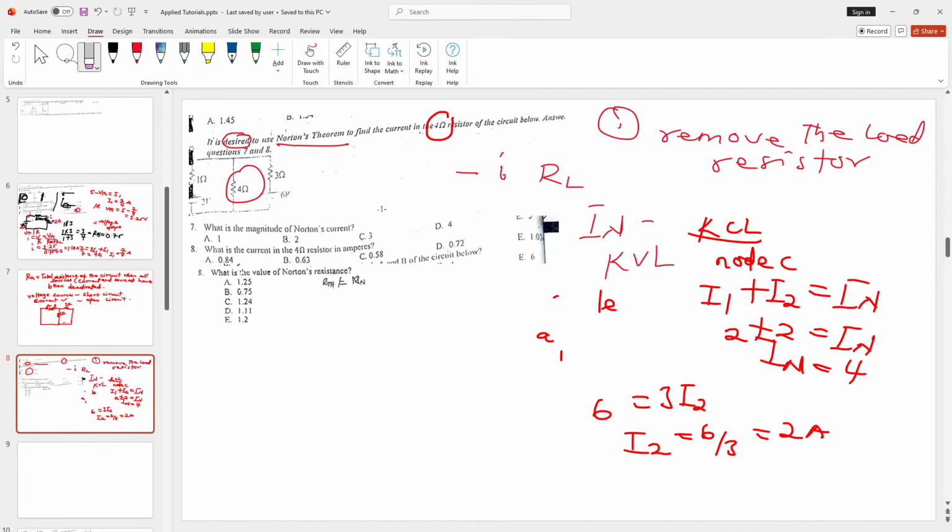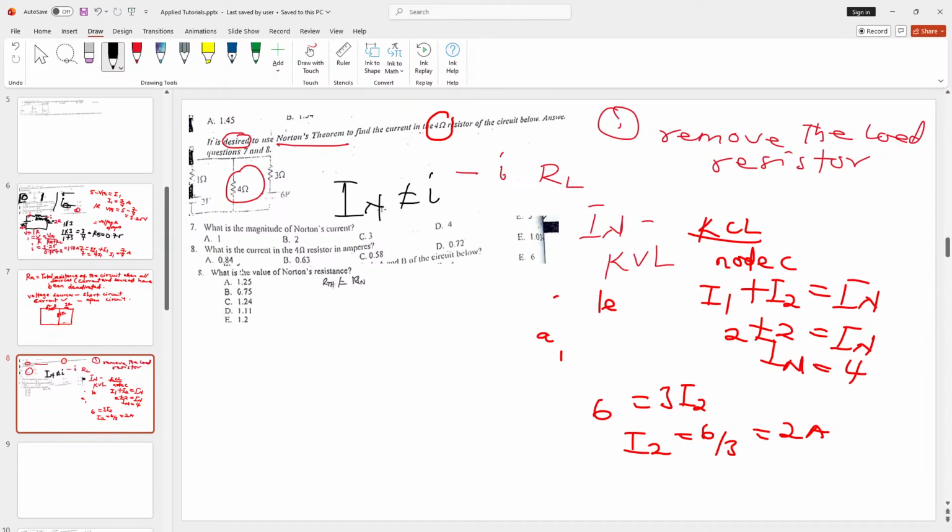So the next thing on board is to find the current in the 4 ohm resistor. Like I said, IN is not the same as the current that is passing through the 4 ohm resistor. So the next agenda is to find the current that is passing through the 4 ohm resistor.